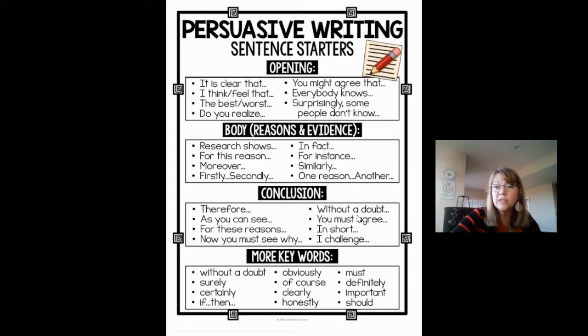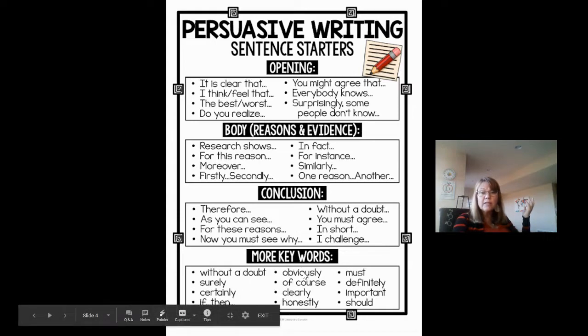Now, these are some words that, when you start writing your final paragraph, you may want to look back at this chart and jot down some possible ways that you may include some of these beginning sentence formats for your conclusion paragraph.